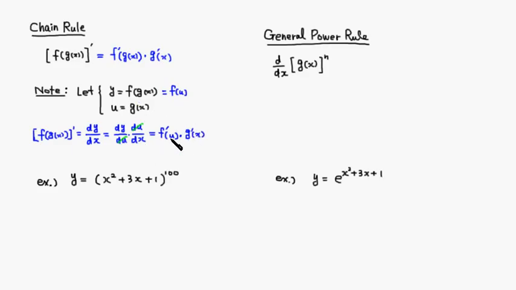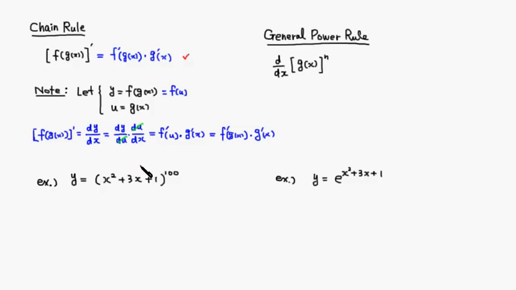But remember that u is the same as g of x, so we can just put that in. So we have f prime of g of x times g prime of x. That's why we have this chain rule.